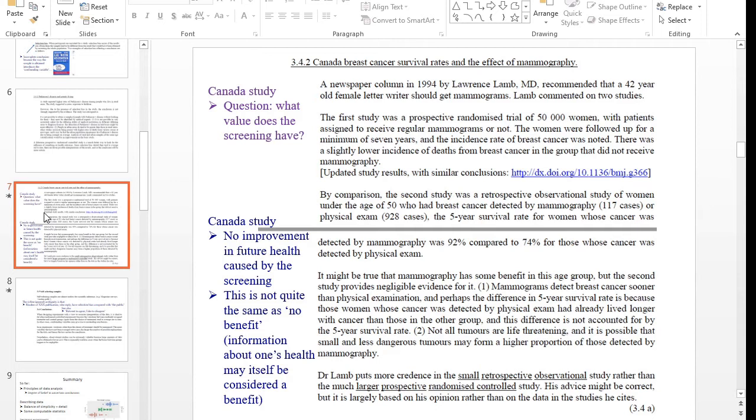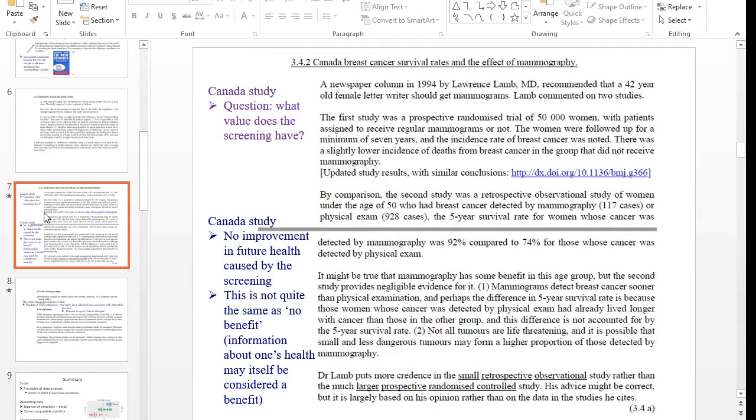No health benefit caused by being told or deciding to go and get mammograms regularly, as opposed to having normal contact with your doctor just whenever. And that's in this Canada study. By the way, this is a huge study, and it's prospective.